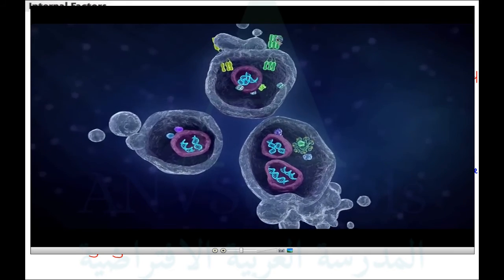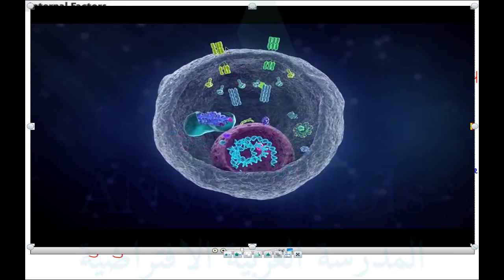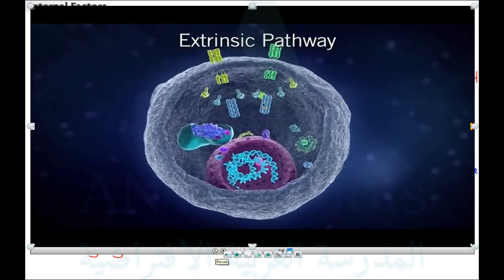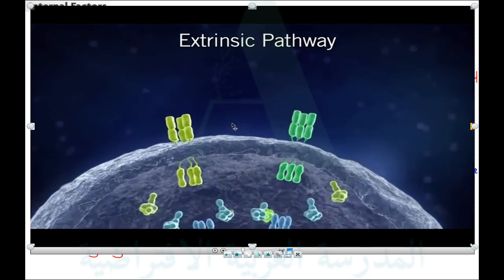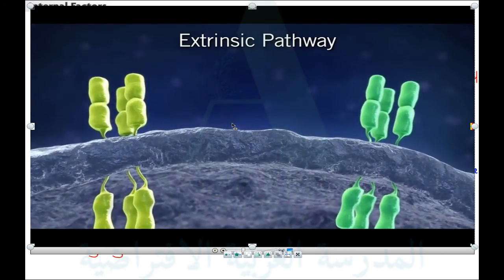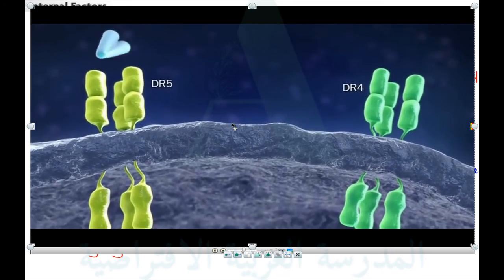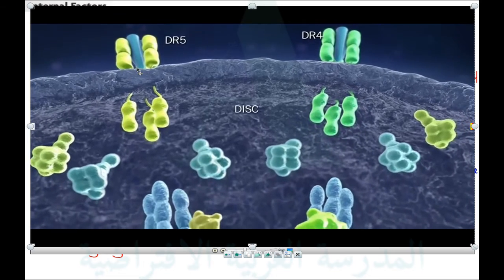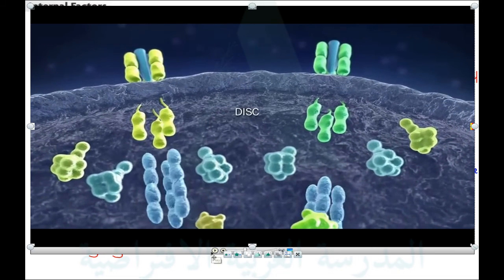Or some extrinsic factors may attach on the cell wall and lead the inside of the cell to produce chemicals. After attaching here, of course, we talked of the active site.